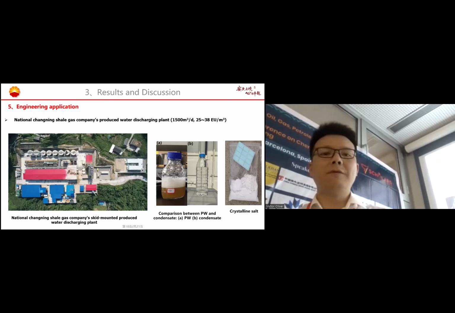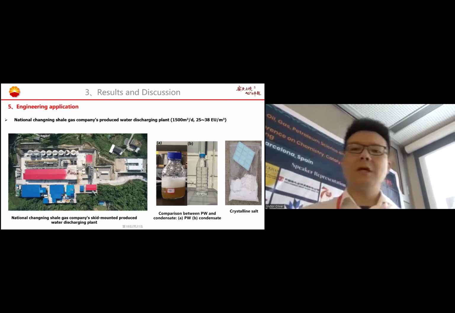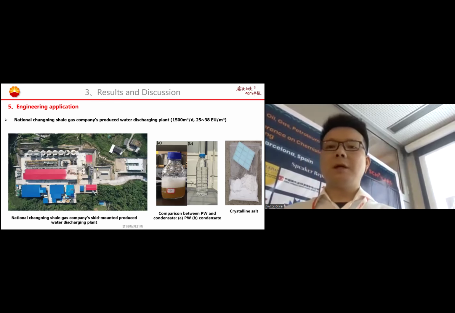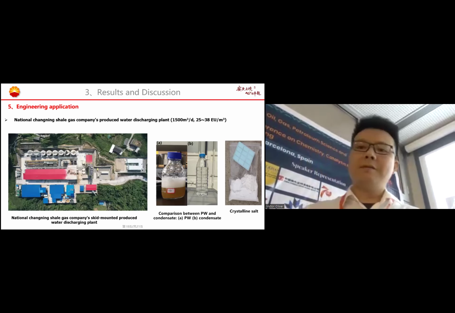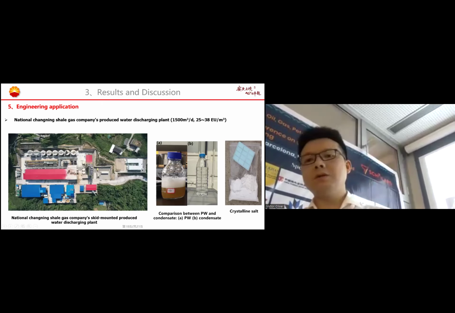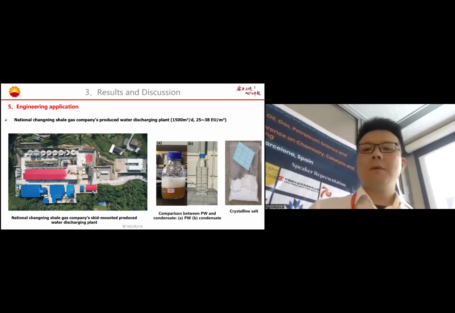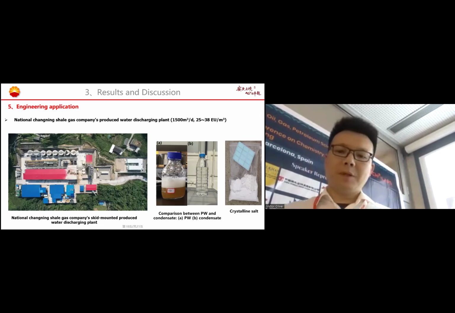The capacity of this plant is 1,500 cubic meter per day, and the cost of the discharging is 25 to 38 euros per cubic meter.